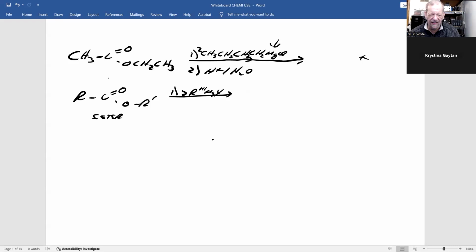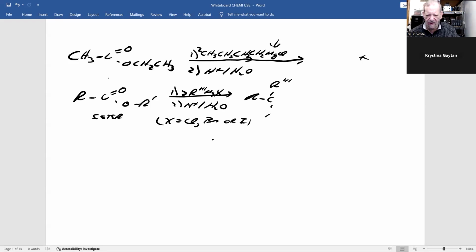And here we have a Grignard, second step acid and water. Remember, X can be, as in our case, chlorine, bromine, or iodine. And what you get are 2 alcohols.